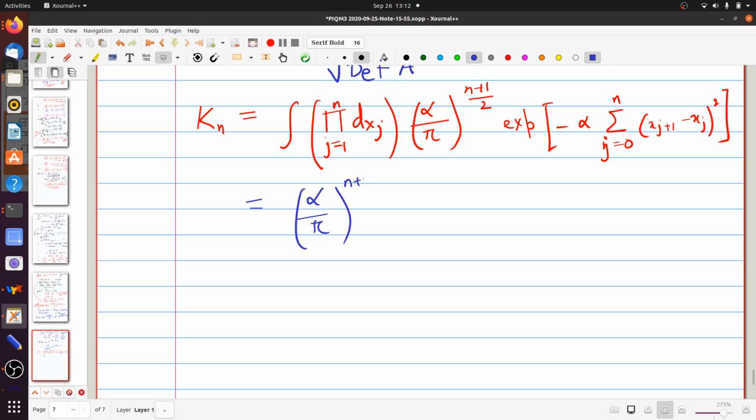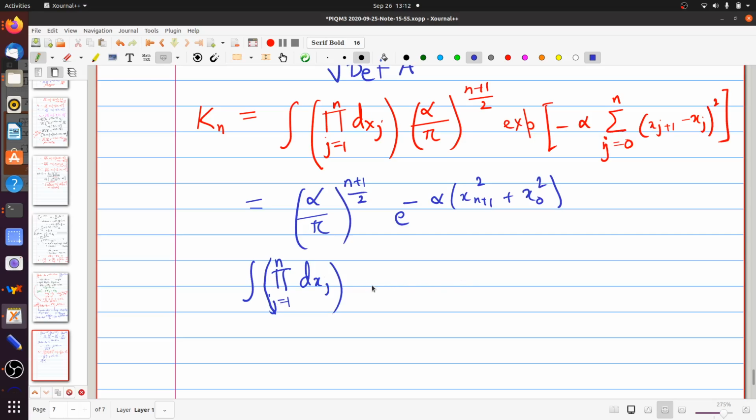Alpha by pi to the power n plus 1 by 2. Then constants, by that I mean terms which are independent of the integration variables, are here: minus alpha xn plus 1 whole square plus x0 square. These are the two terms which are not being integrated over at all. Then we have the integration measure, j equals 1 to n dxj, which is just a shorthand way of writing dx1, dx2 up to dxn.